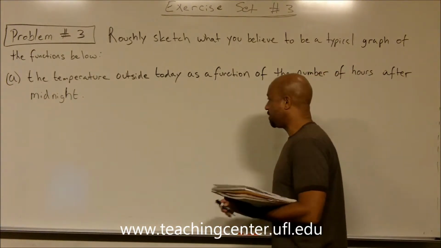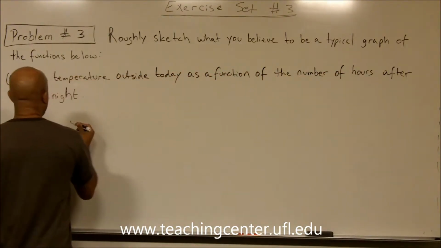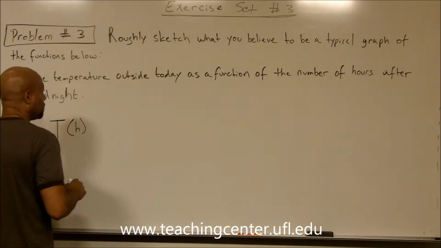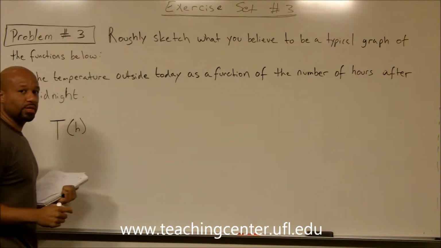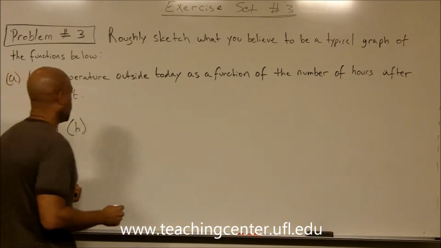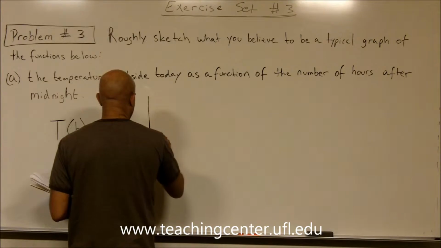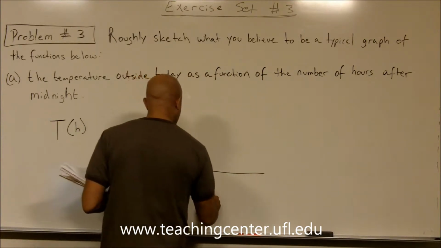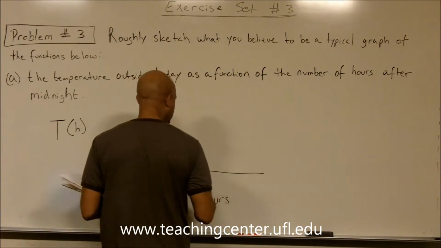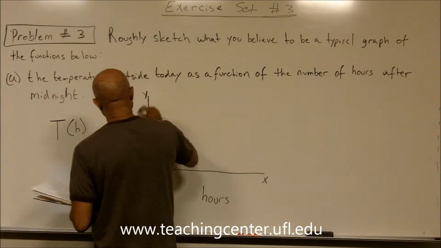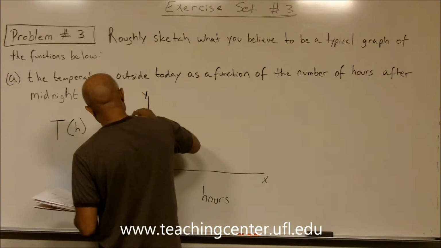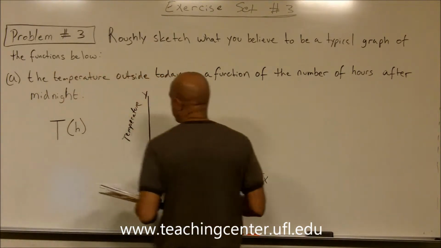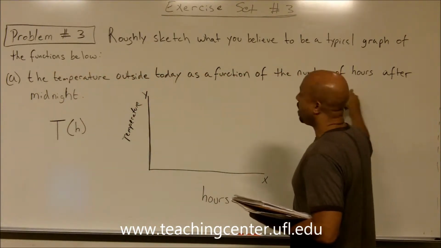So we want to sketch a graph of the temperature as a function of hours after midnight, and we can represent that as T of H. We can create a coordinate system where we have hours after midnight on the x-axis, and the temperature on the y-axis.